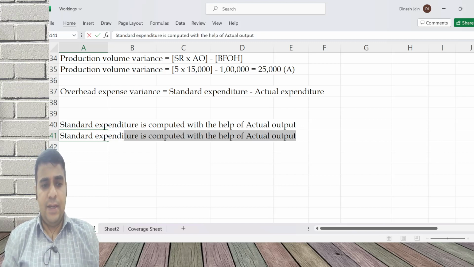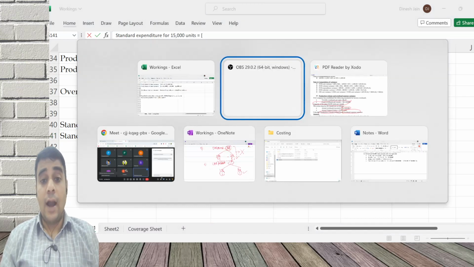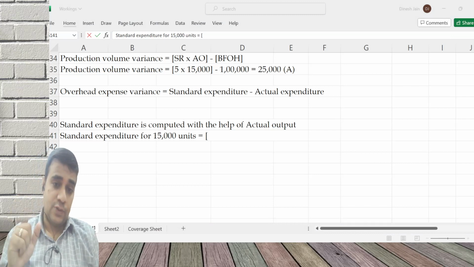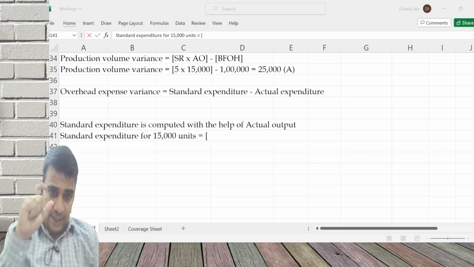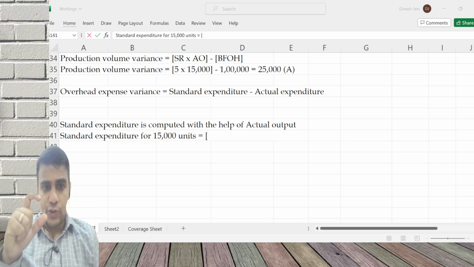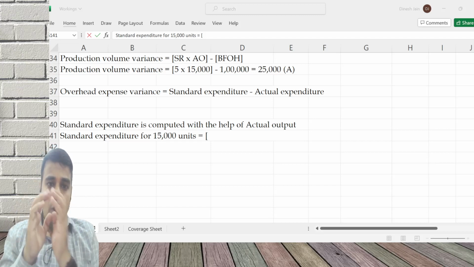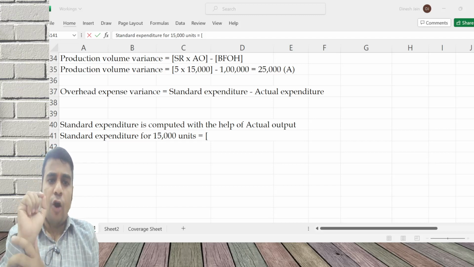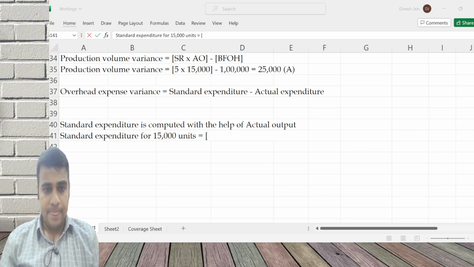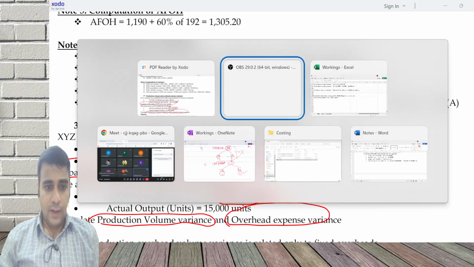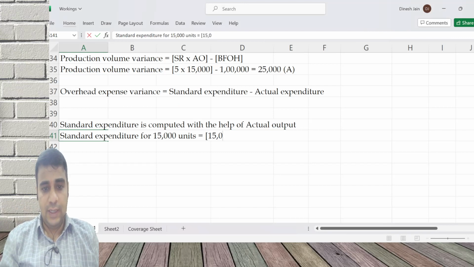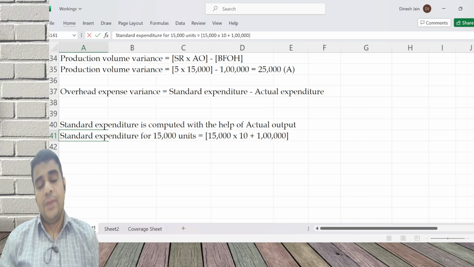Standard expenditure for 15,000 units is how much you should incur for 15,000 units. That is 15,000 into 10 plus 1 lakh, since fixed overheads do not change with volume.